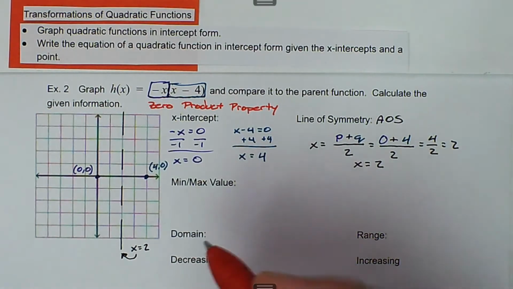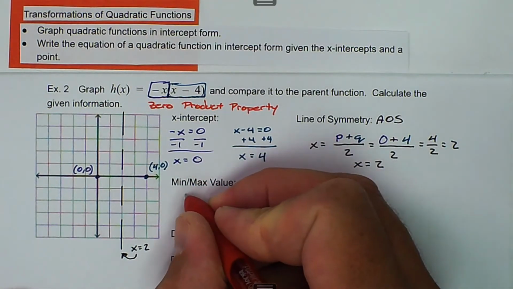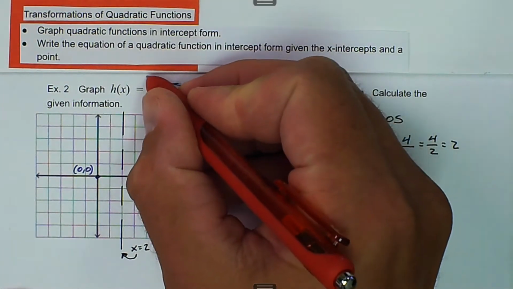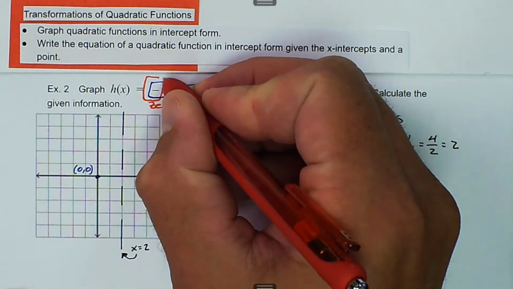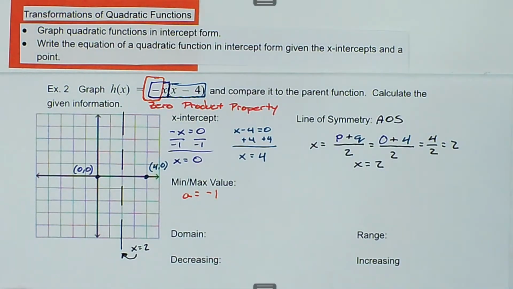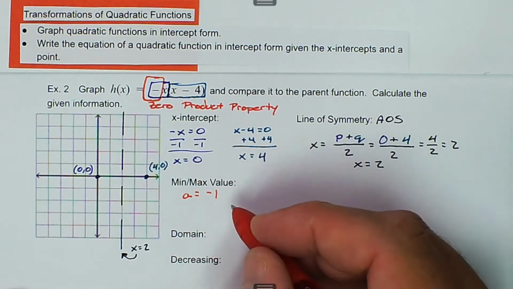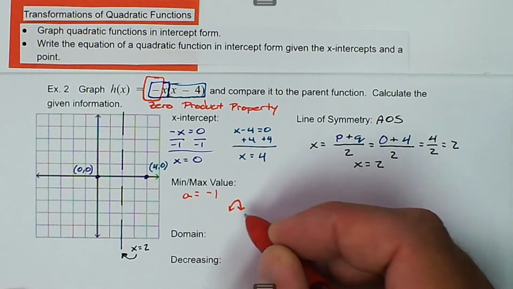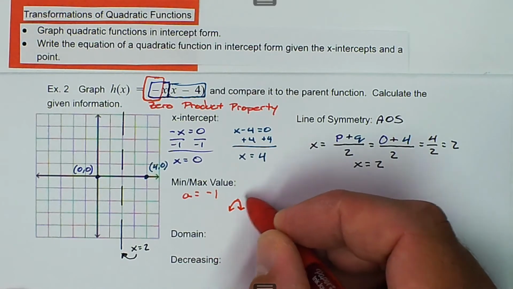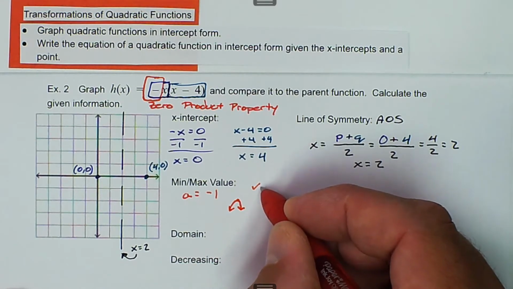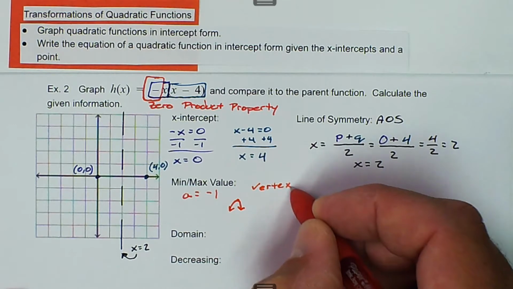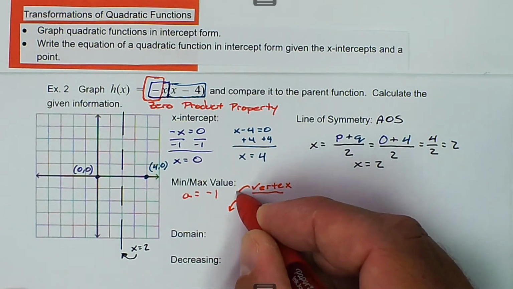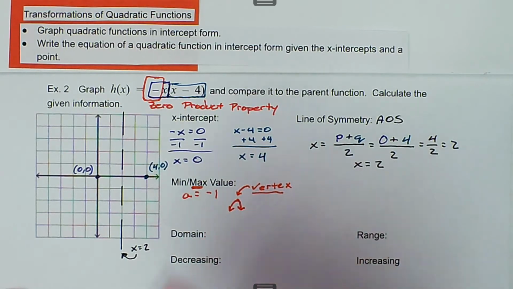We want to pay attention to what the a value is. In this case, a is equal to negative 1 because we have the negative out front. So we know that our graph is going to open down. And if the graph opens down, that means that our vertex is going to be a max. So our vertex is going to be on the top, which is going to be a max value.